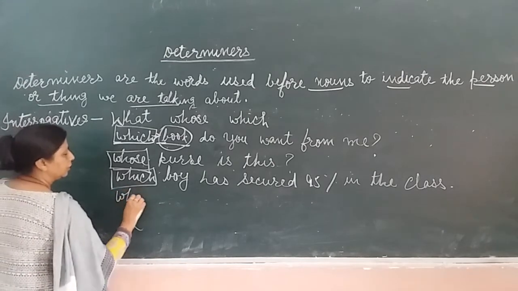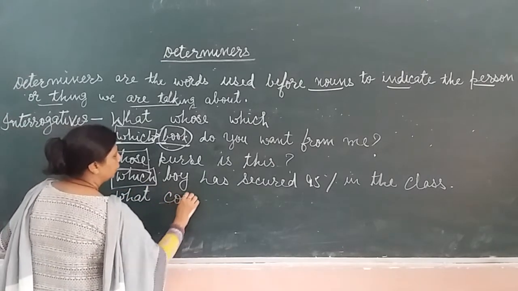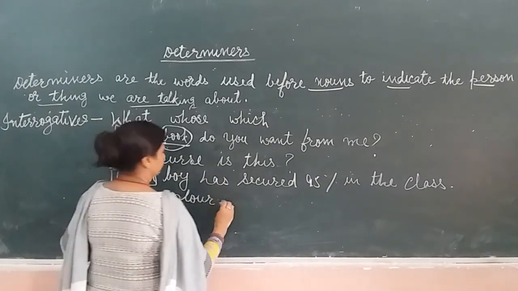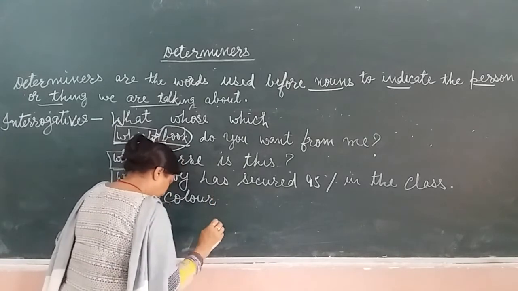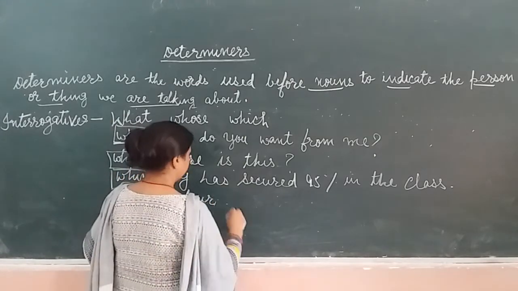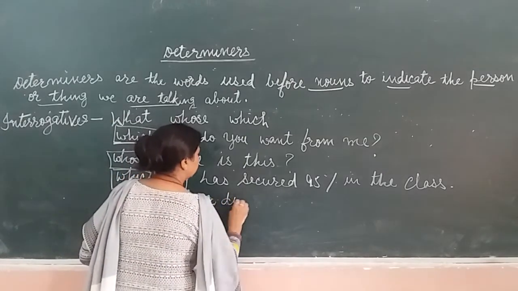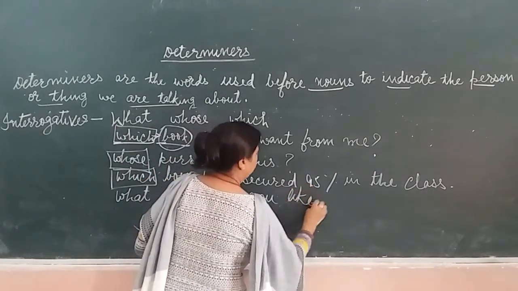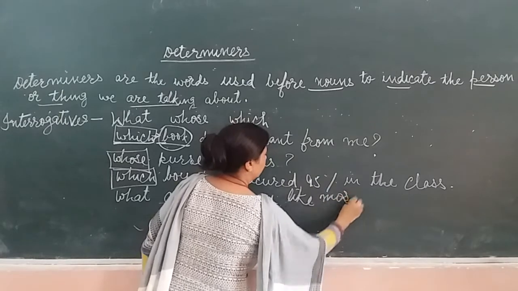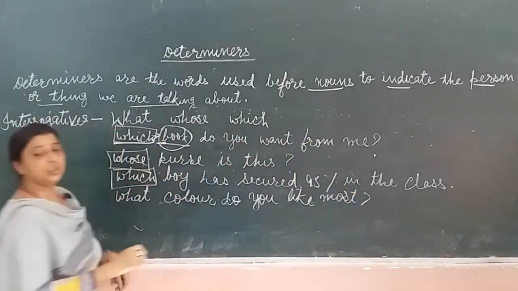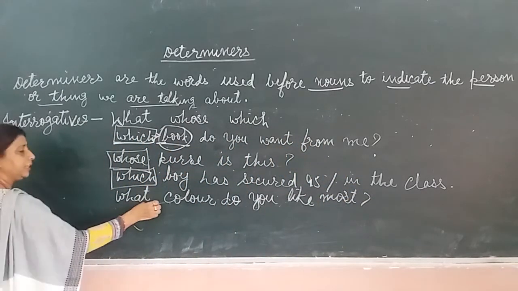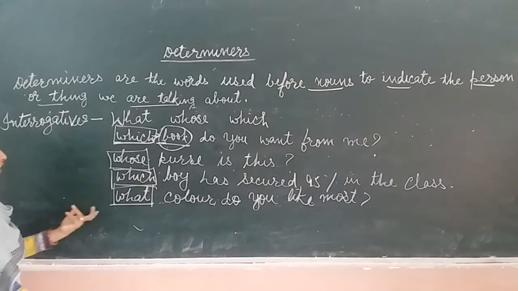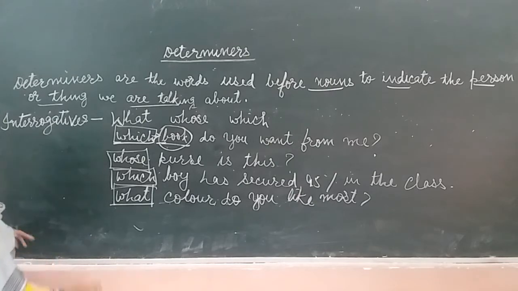If we say, what color do you like most, or which color do you like most? Both are appropriate in the sentence. What color or which color? What color do you like?